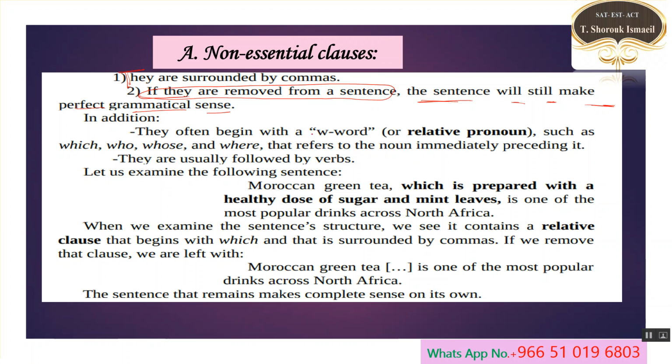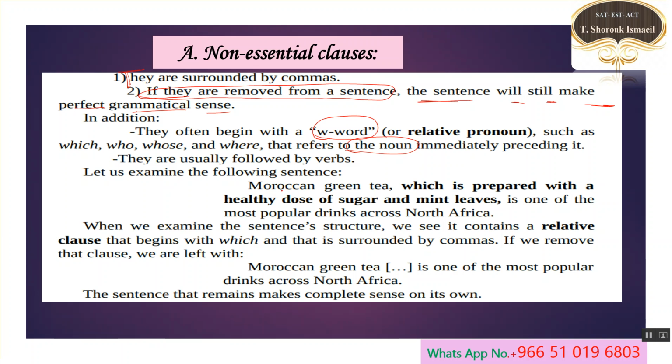Moreover, here we can use WH words like when, who, which, whose, where to refer to my noun in the sentence. Let's have a look at this example: Moroccan green tea, which is prepared with a healthy dose of sugar and mint leaf, is. What is my subject?